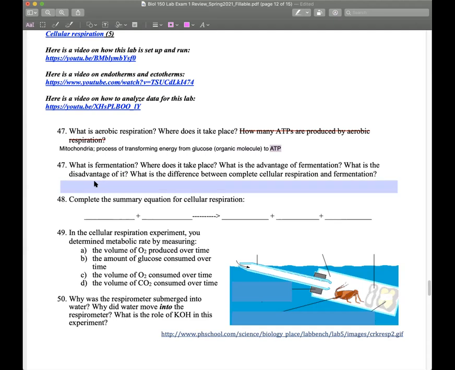And how does this differ from fermentation? What is fermentation? It's an anaerobic process, which means no O2. So that could be an advantage of it, right? The advantage is you don't require oxygen.